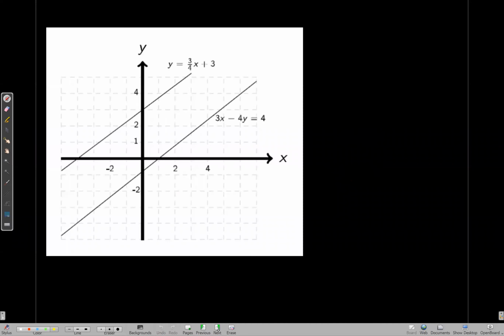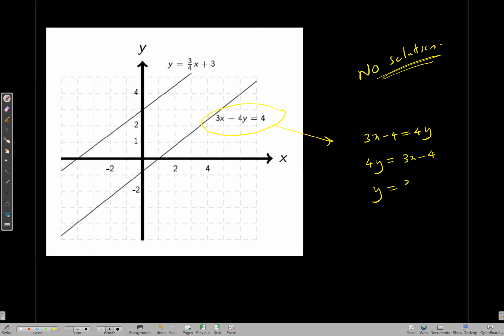How about this? Now in this case, no solutions. Why? Because they will never meet. It looks like they are parallel. Actually, we can double check it. Take this one, and if I simplify this, 3x minus 4 equals 4y, right? So if I rewrite it with y on my left hand side and divide by 4, I get 3/4 x minus 1.